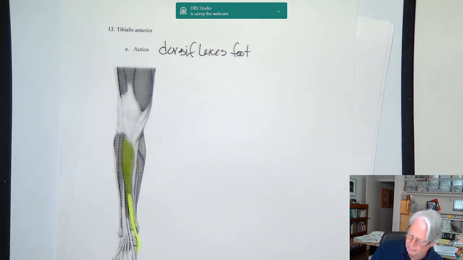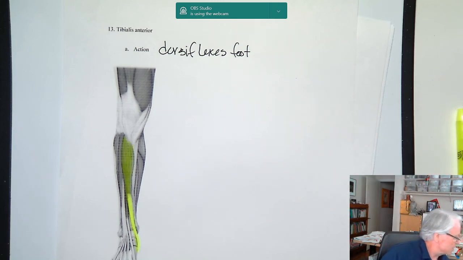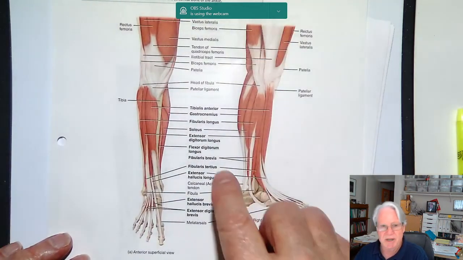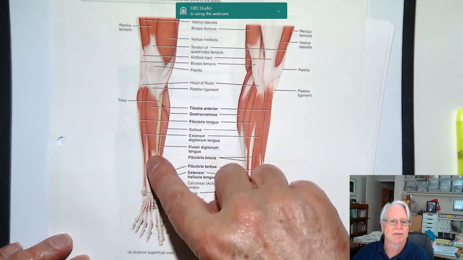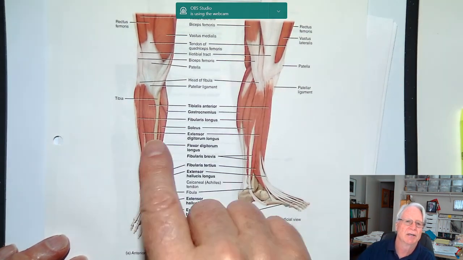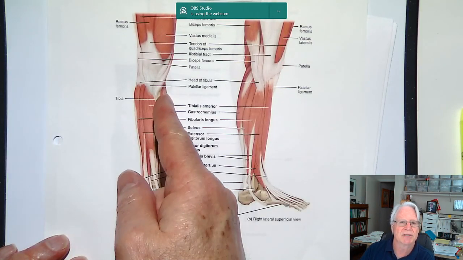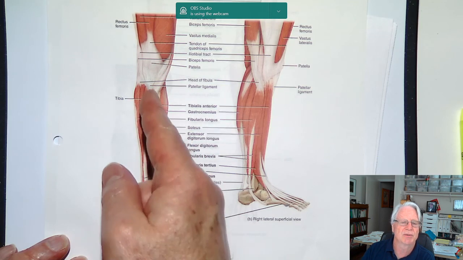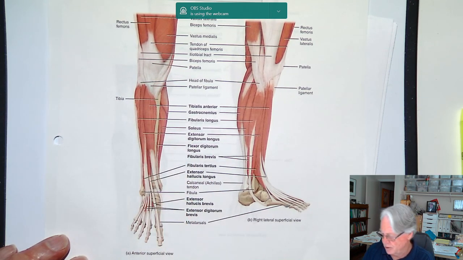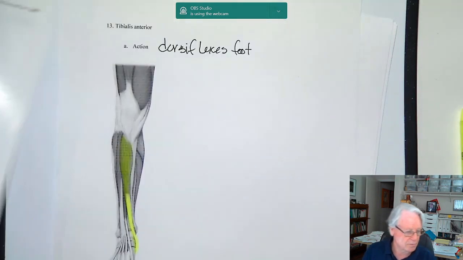And we have a good shot of it right here. Tibialis anterior. So obviously it's going to be on the anterior surface of the lower leg and right next to the tibial bone, right there. Okay, so that's our muscle right there, tibialis anterior.